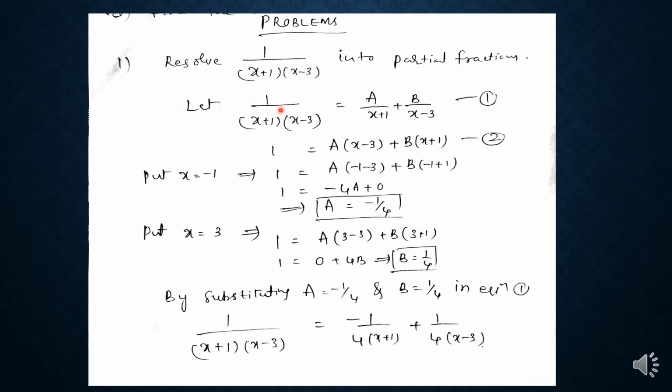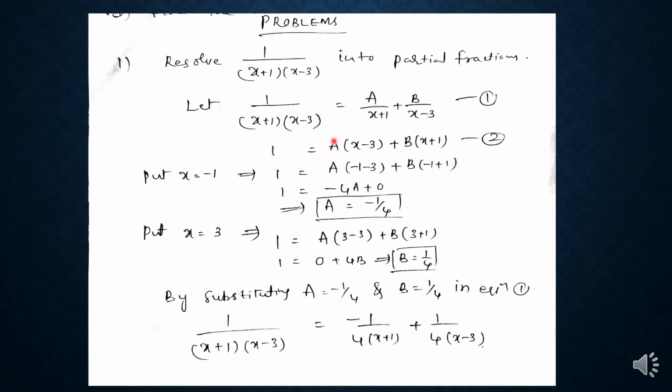That is, 1 is equal to A into (x minus 3) plus B into (x plus 1). To find the values of A and B in this equation, take the zeros of these expressions. If x plus 1 is equal to 0, that is x is equal to minus 1, then by putting x equal to minus 1, the B term becomes 0. We can find the value of A.